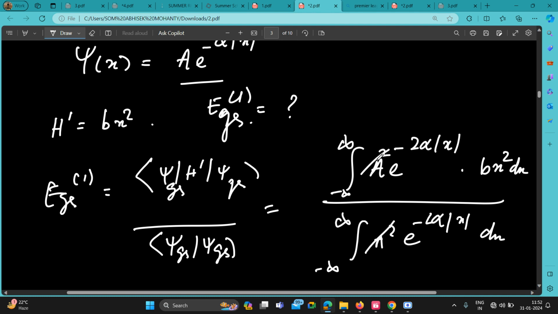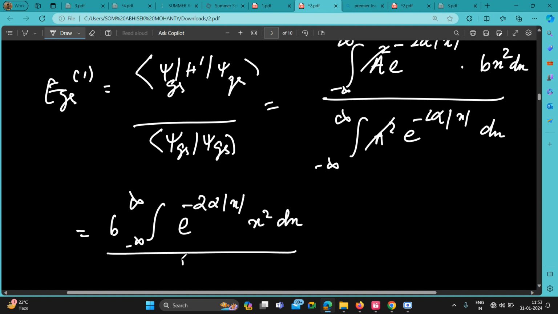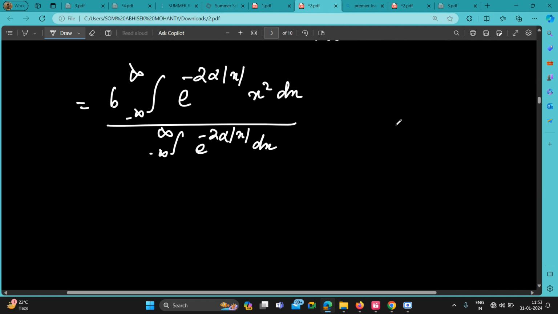So A square luckily cancels out. So b goes out: minus infinity to infinity x square e to the minus 2 alpha mod x dx divided by minus infinity to infinity e to the minus 2 alpha mod x dx. Now see, mod x is x when x is greater than 0, and minus x when x is less than 0.